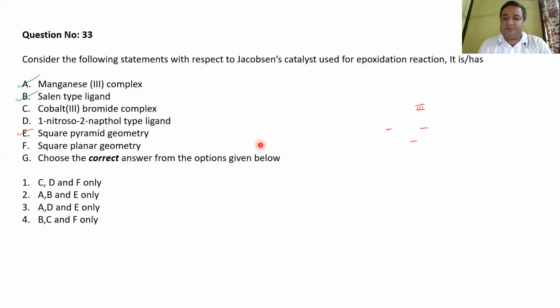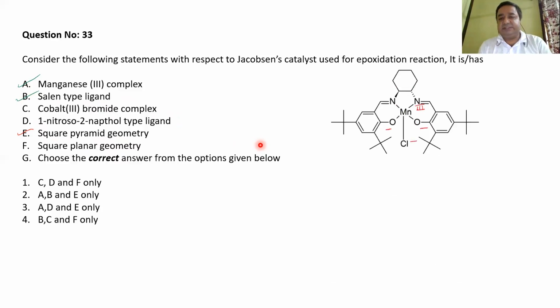All right. Now for that, what is this Jacobson catalyst? It is basically a manganese coordinated to 2N, 2O, and a chlorine. So it is coordinated to 5 atoms. That means the coordination number over here is 5.